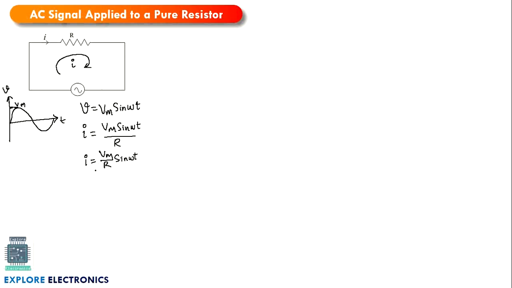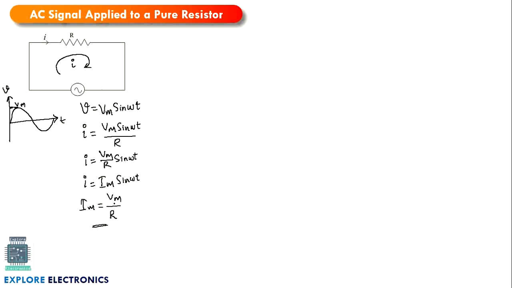What is Vm divided by R? I can write it as Im sin ωt. Here Im represents the maximum value of current, that is, the maximum value of voltage divided by the pure resistance R. So this is the maximum current it can attain.